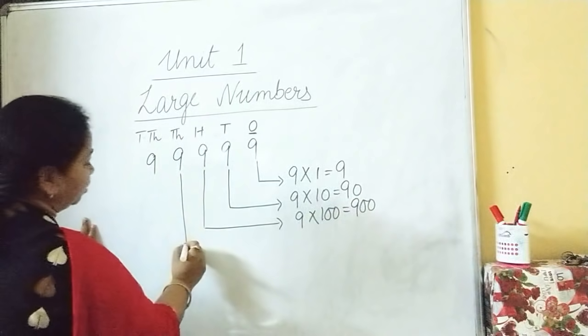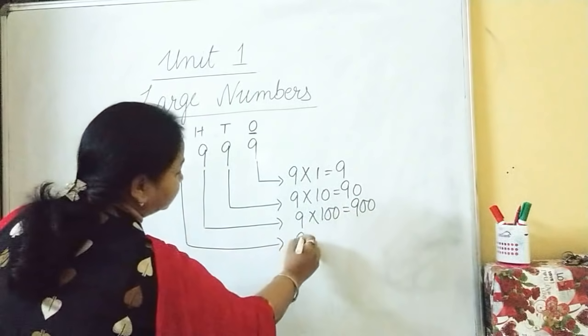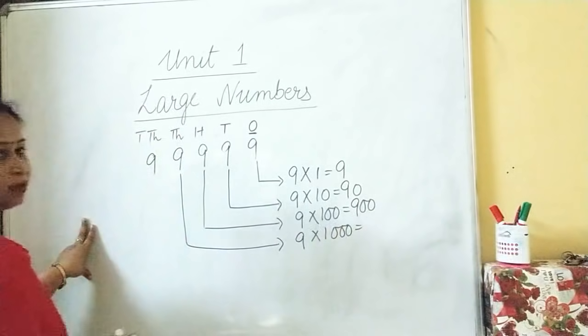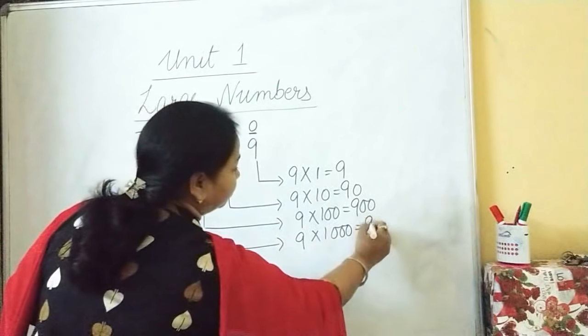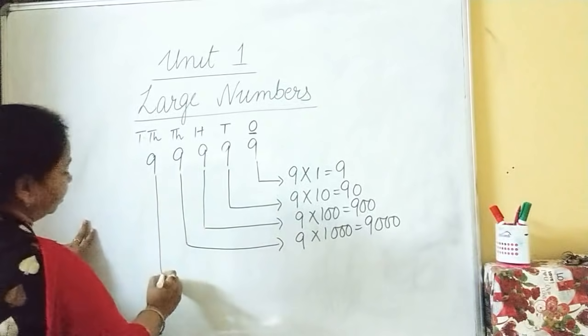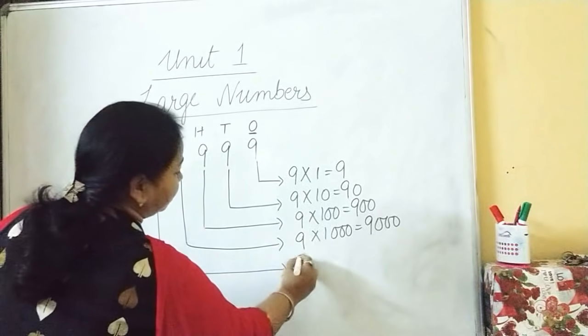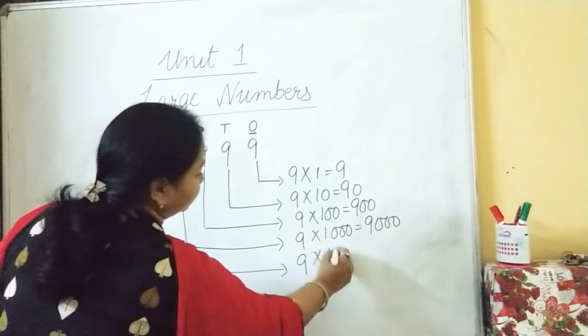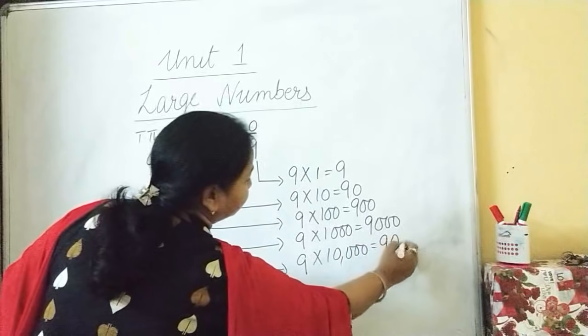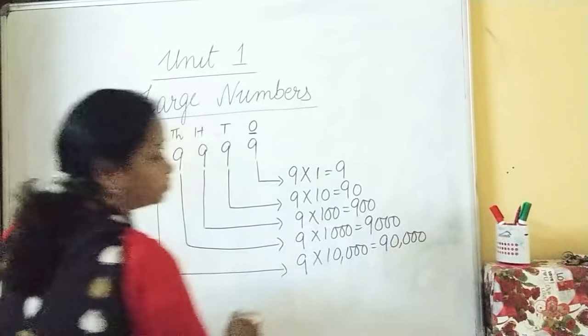What will be the value of 9 at the 1000 place? Yes children, it is 9000. And the value of 9 at the 10,000 place will result in 90,000, right?